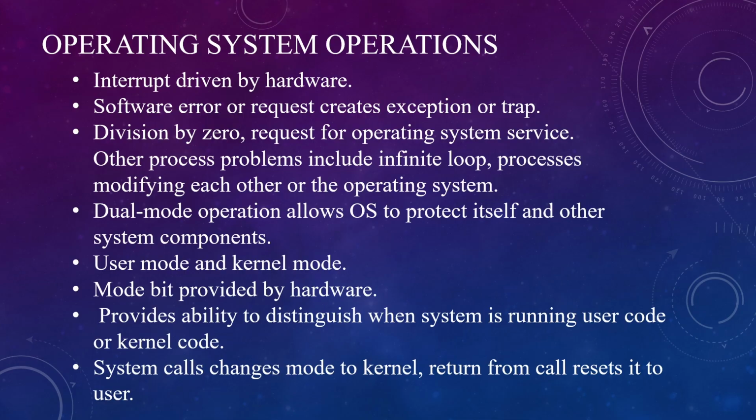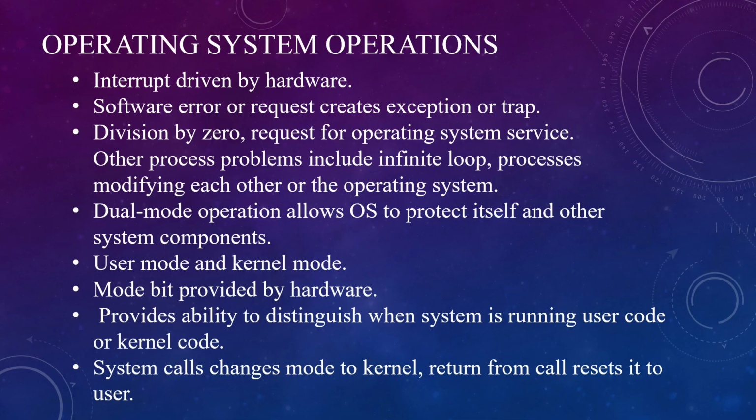When a system call is made, like opening a file or allocating memory, the mode switches from user mode to kernel mode. Once the task is done, the system returns from the call and switches back to user mode, giving control back to the user application. This mode switching mechanism is very crucial for security and stability.